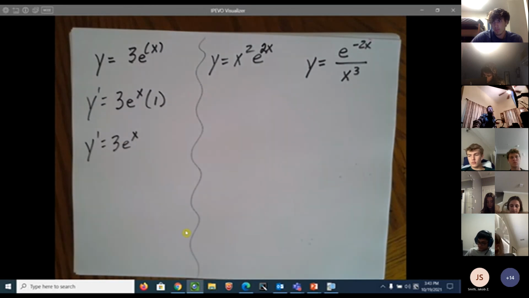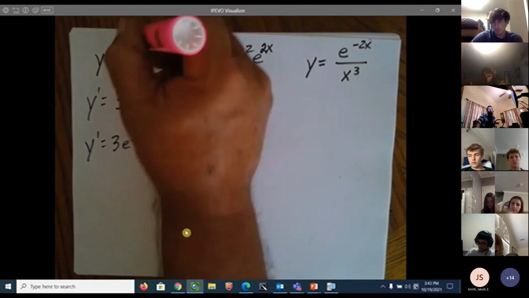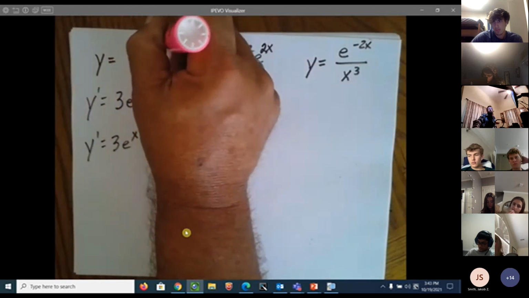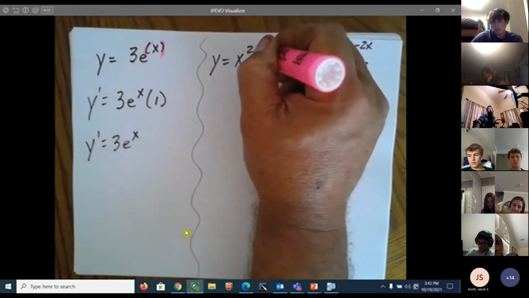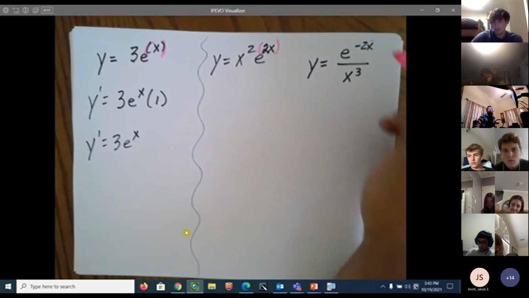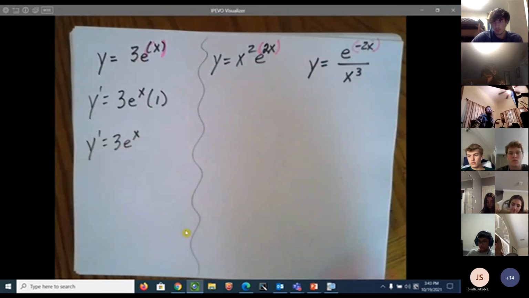Got time for one more. Now I'm going to take my handy dandy, I'm going to put parentheses there, I'm going to put parentheses there, and I'm going to put parentheses there.